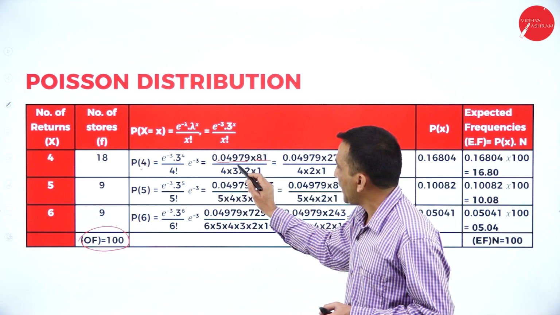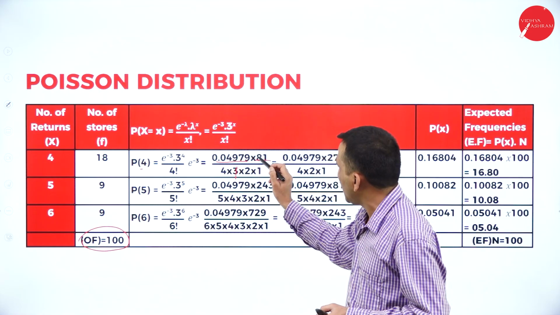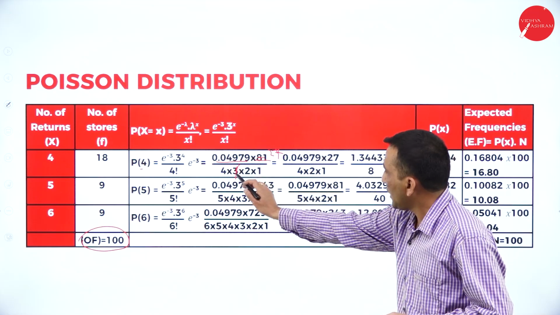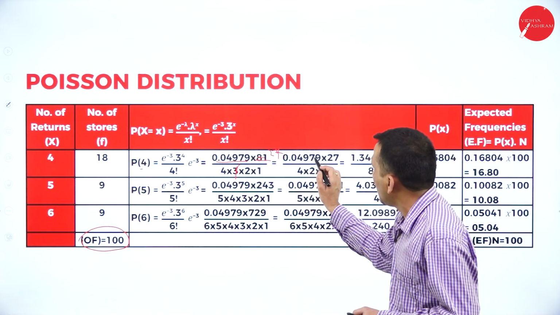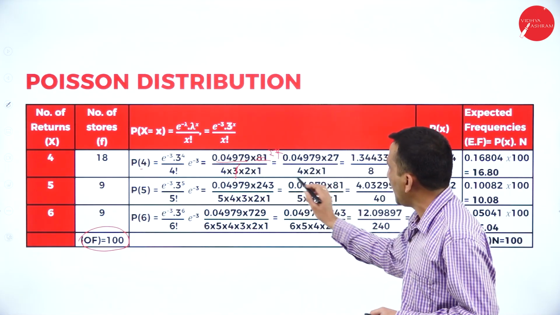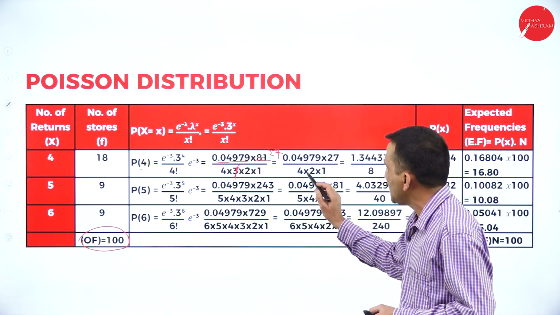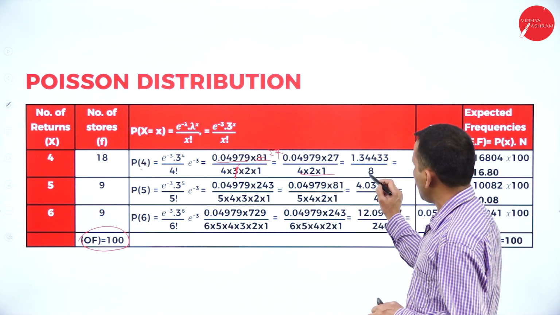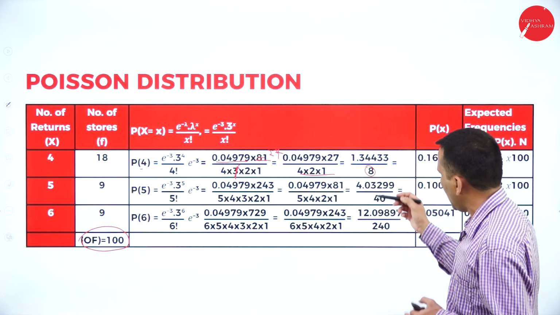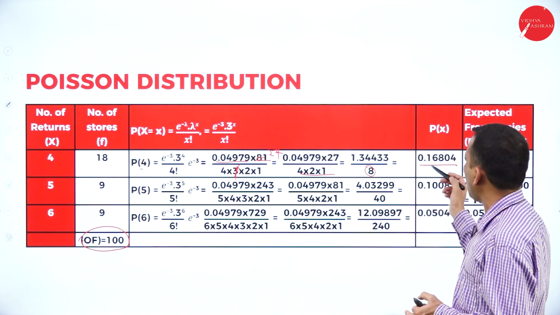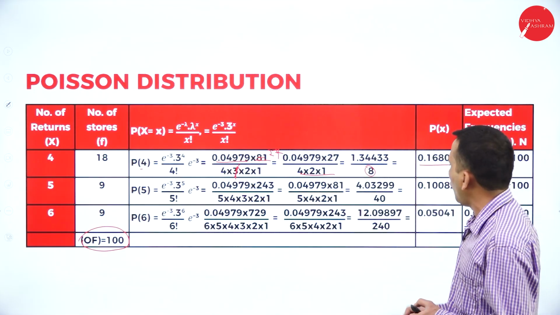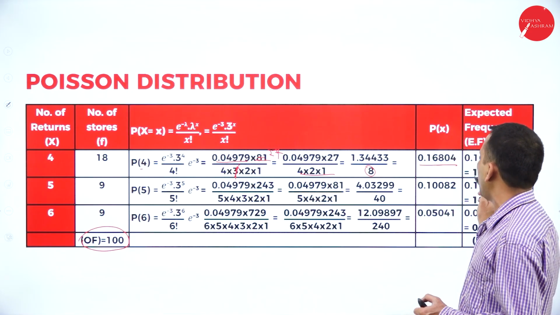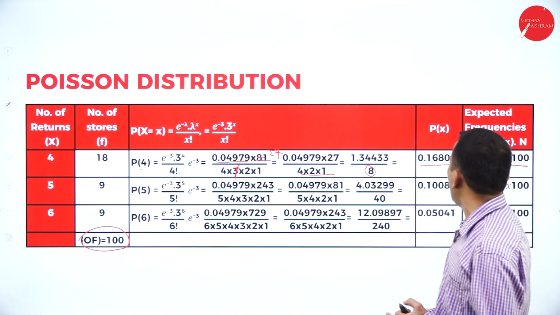Easily we can see 3 ones are 3, 3 twenty-sevens are 81. Whatever is left we write in the numerator, the 27 in the denominator, already 3 we considered, so we write 4 into 2 into 1. After multiplying we get this much, divided by 8. If you divide by 8, the final P of 4 value we are getting 0.16804. After multiplying by N, the frequency total, we are getting 16.80.